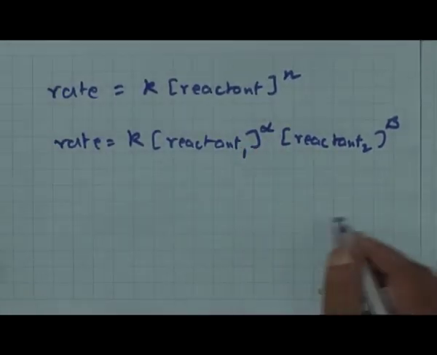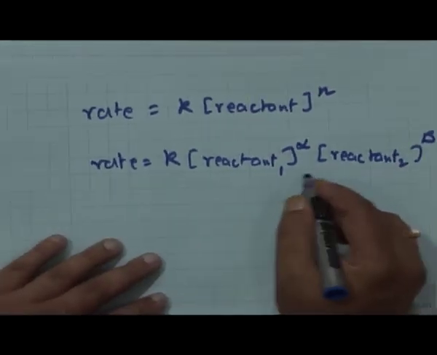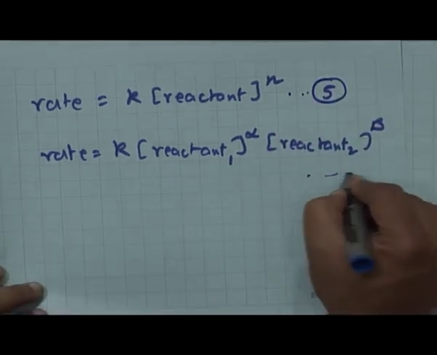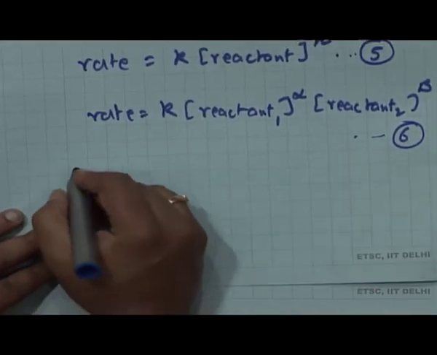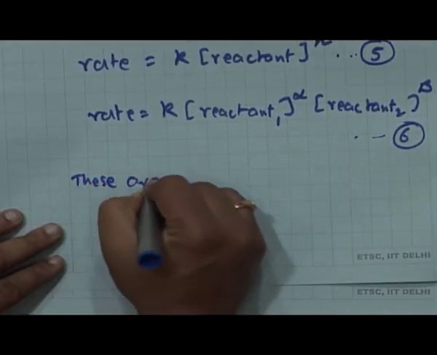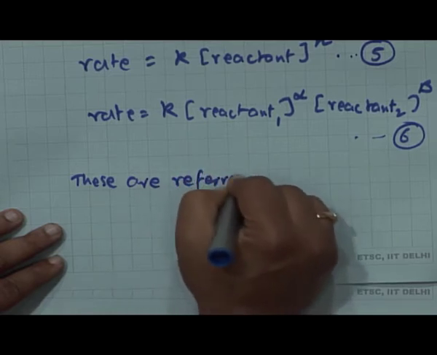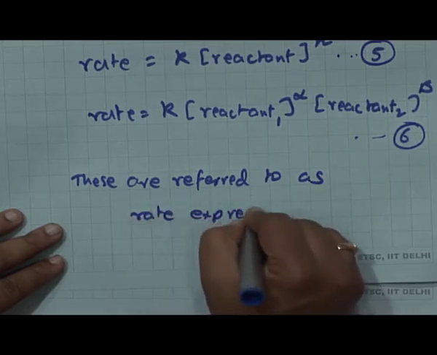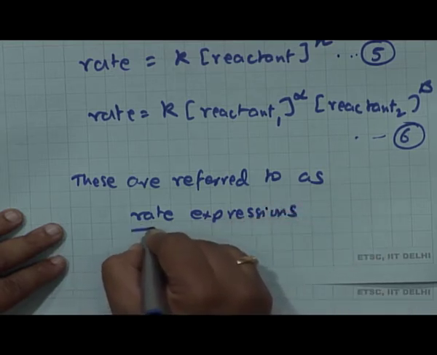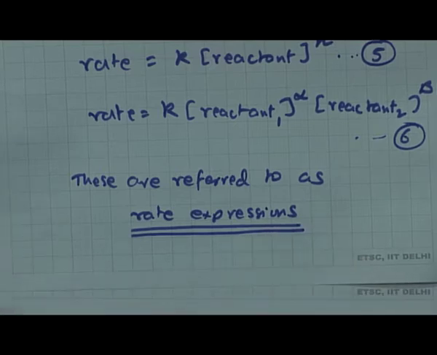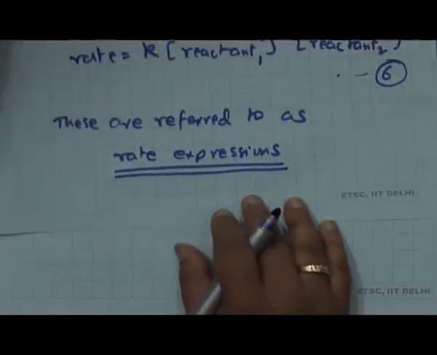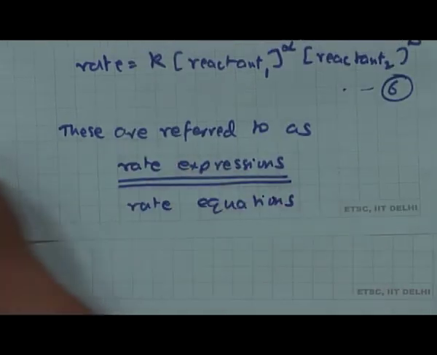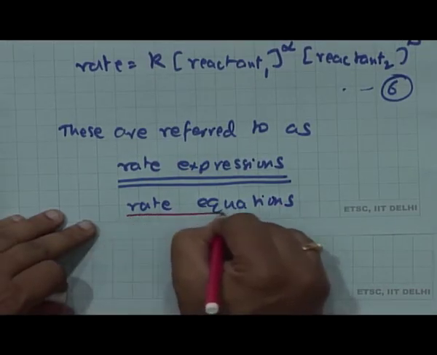So, if I say this is equation 5 and this is equation 6, then we can say that these are referred to as rate expressions or rate equations.